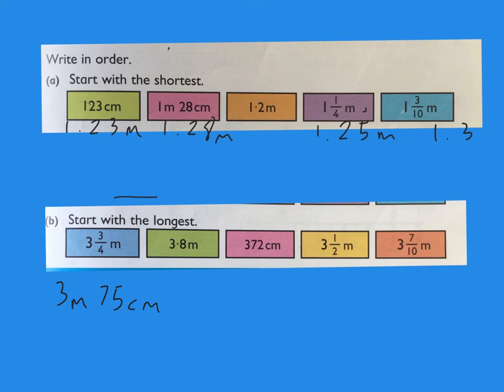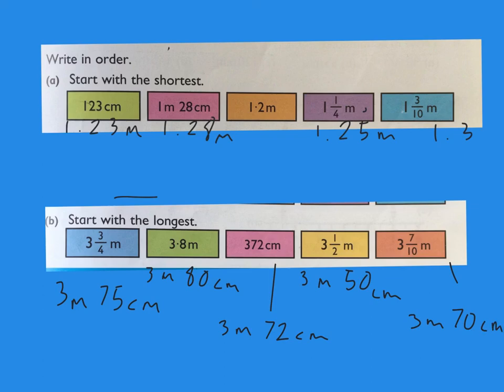This would be 3 metres, 80 centimetres. This would be 3 metres, 72 centimetres. This is 3 metres, 50 centimetres. And this is 3 metres, 70 centimetres.